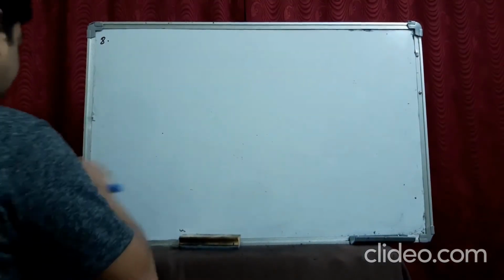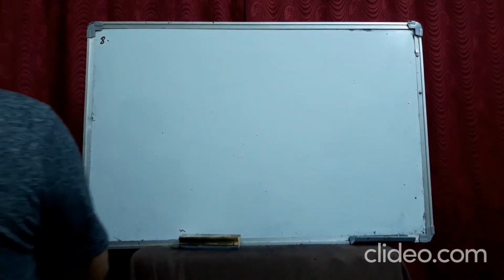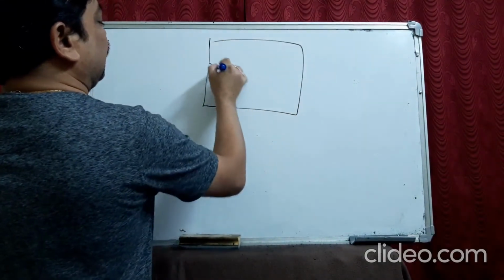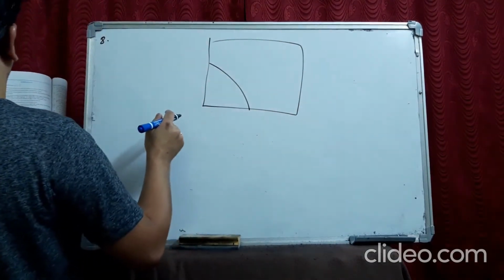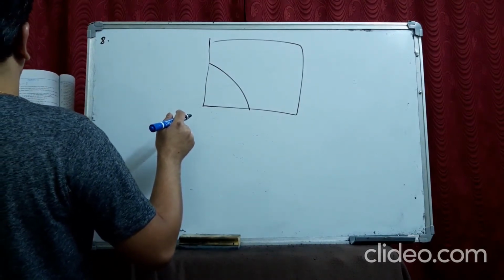Now see the 8th question. A horse is tied. In the figure it is given that a horse is tied and it is grazing.